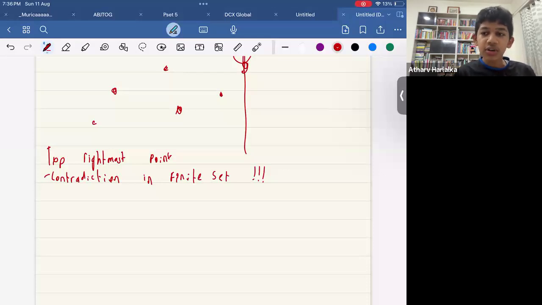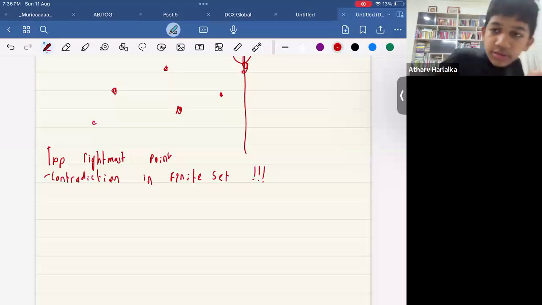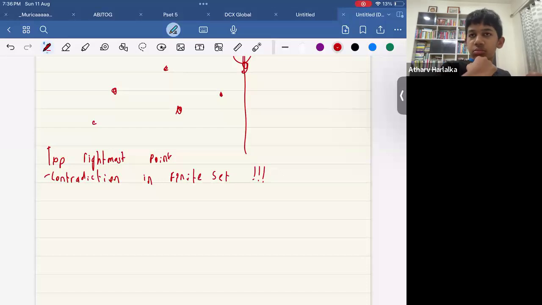So considering the convex hull, someone said, could you just elaborate more? Yeah, considering the convex hull is a good idea.